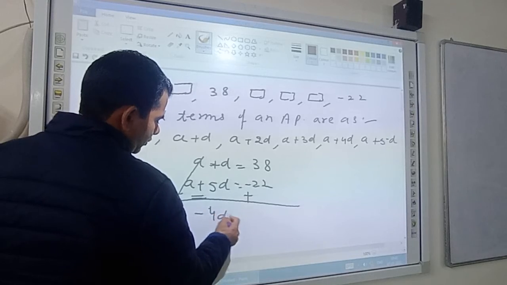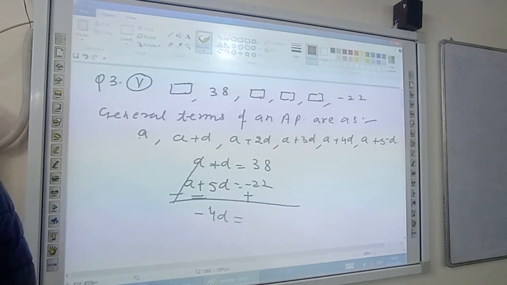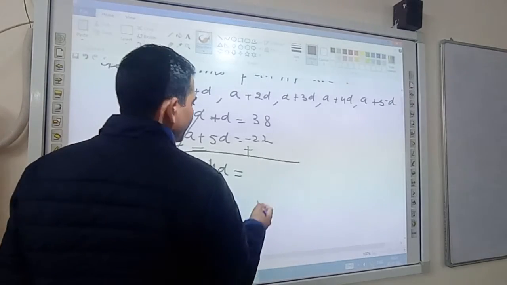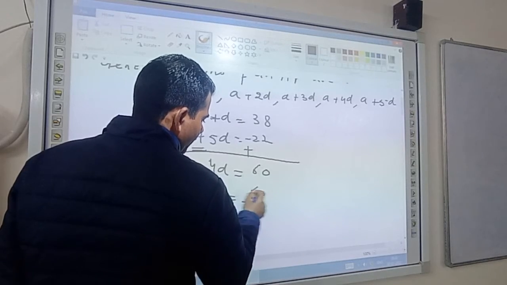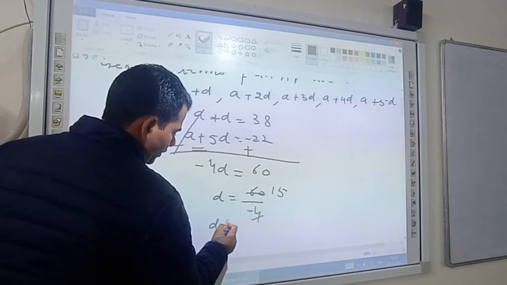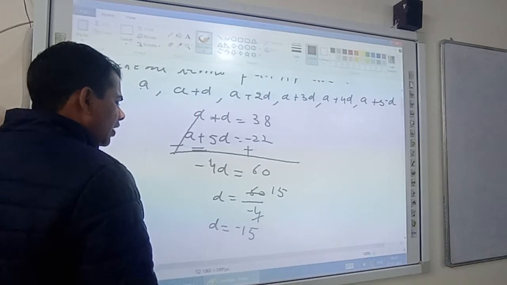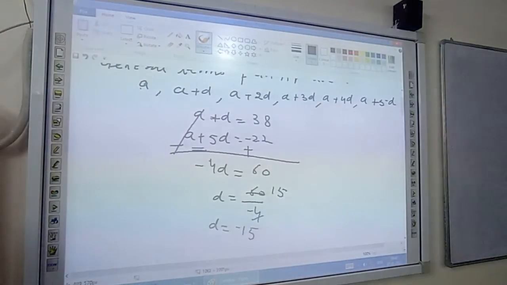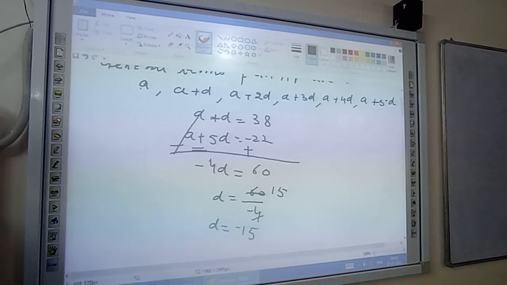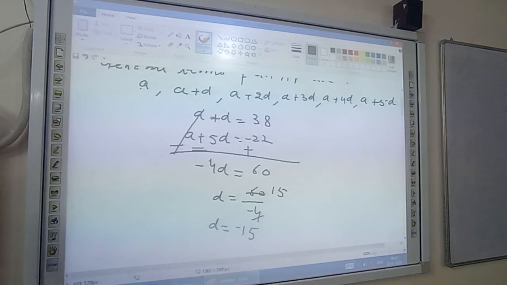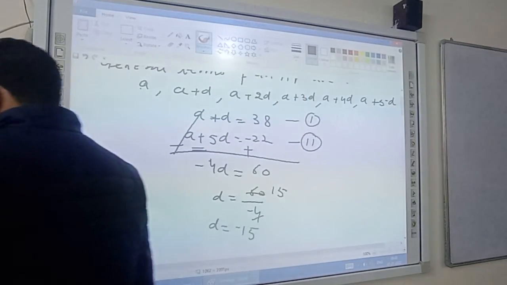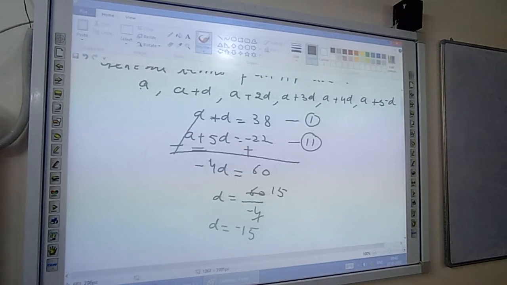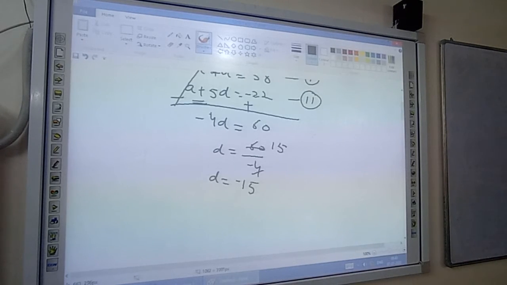Minus 4D, and it becomes 60. D is equal to 60 divided by minus 4. D is minus 15. How can you find out the value of A? By putting the value of D equal to minus 15 in equation first.